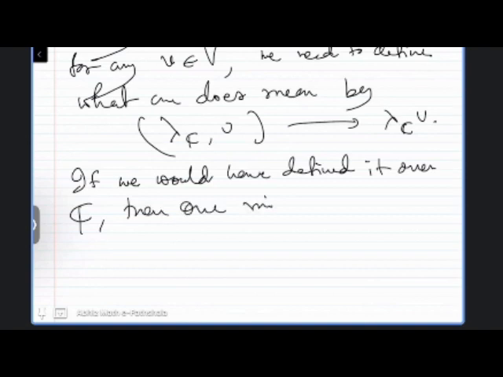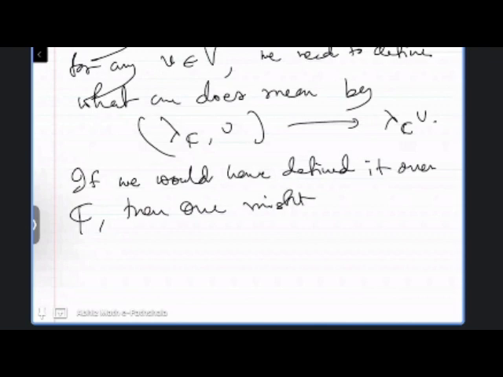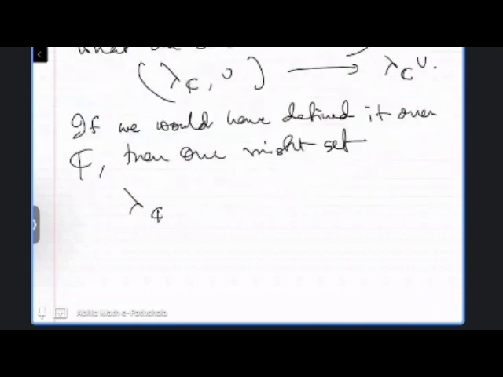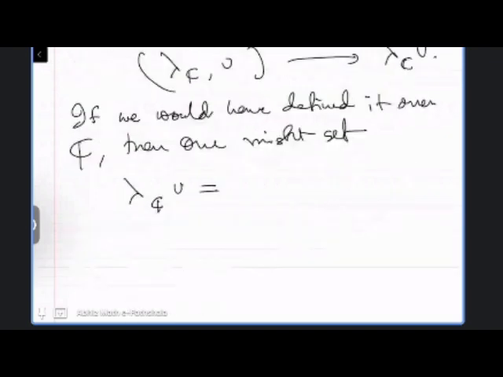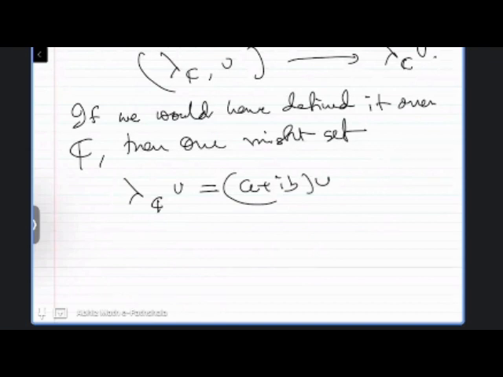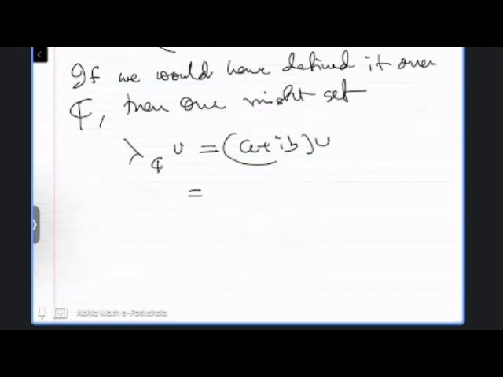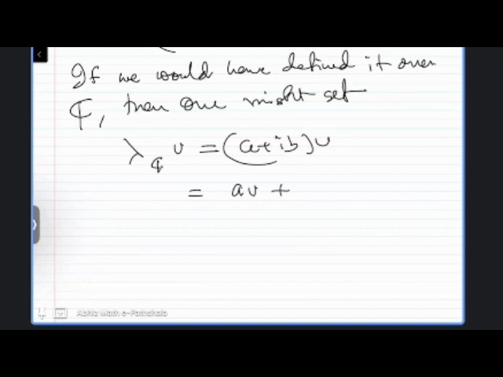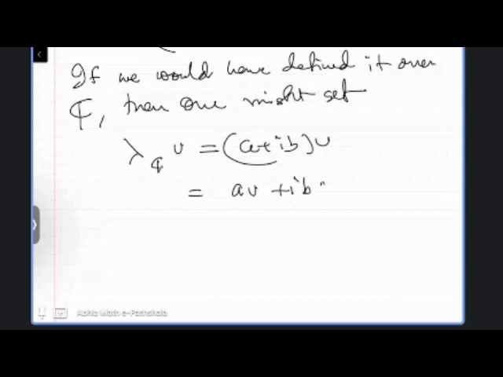Lambda_C v, where lambda_C is a plus ib, so (a plus ib)v. We would like to have this as av plus ibv. Am I correct?